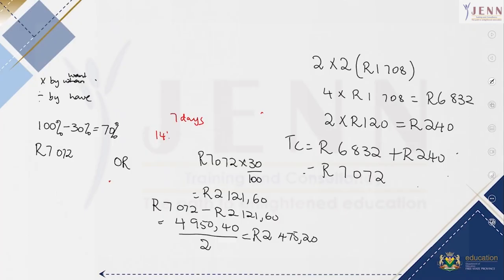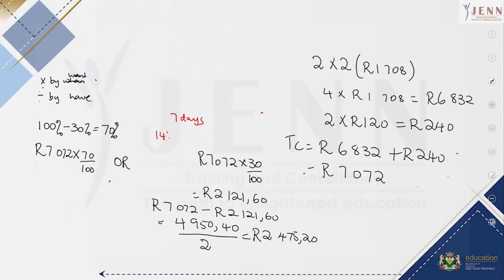What we have, this 7,072 rand, is 100% of the price. But what is it that we want? We only want 70%. So we multiply by 70 because that's what we want. If they say determine or calculate, that's what you want. But what we have is the information that we are given or working with, and we know that is 100% of the price.